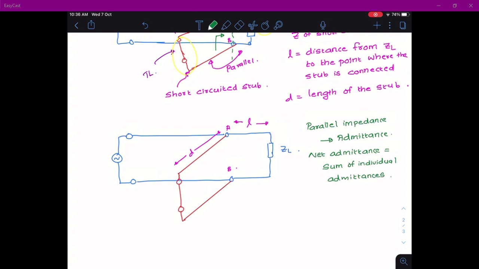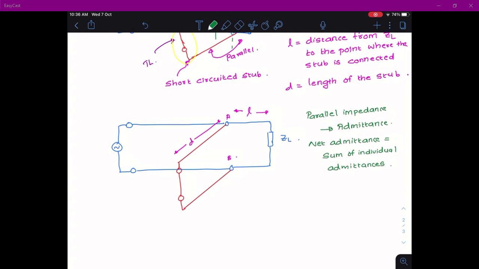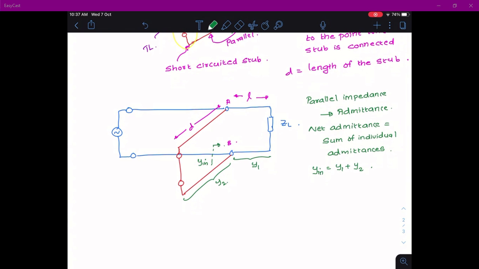Okay. So if this line has an admittance, let's say Y1, and this line has an admittance Y2, the net admittance, if you look at from here, Y in will be Y1 plus Y2. Okay. So you can have this as normalized admittance. So the normalized admittance at the point AB should be equal to the sum of admittance of Y1 and Y2. Now what you want to have?